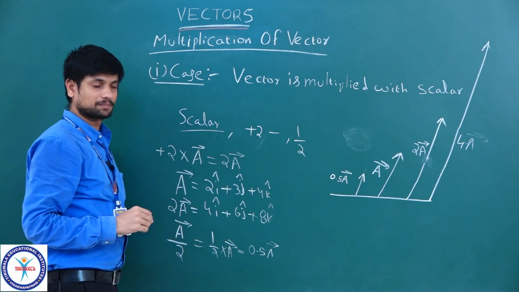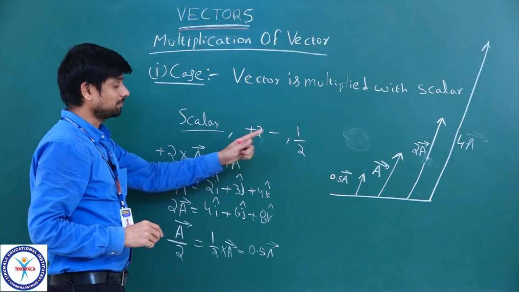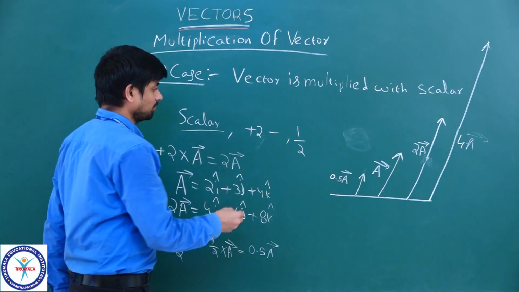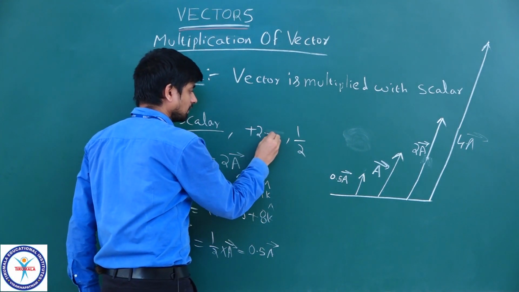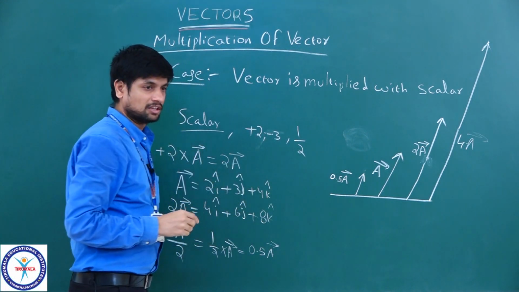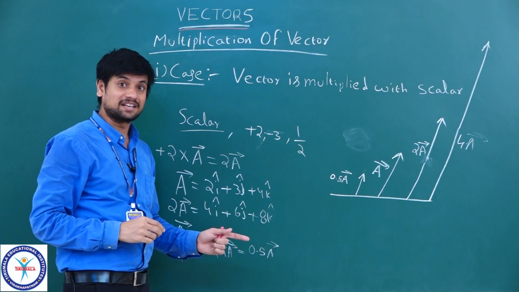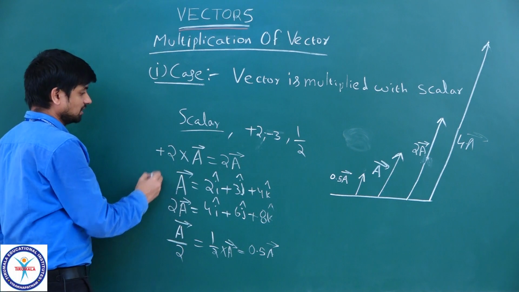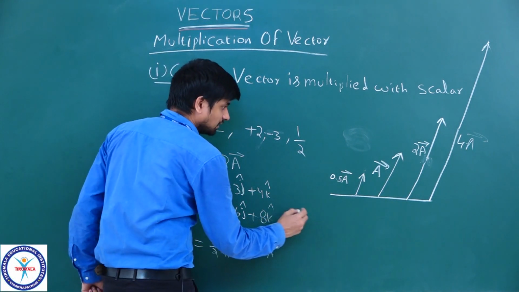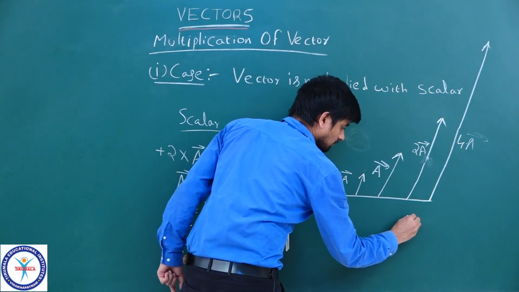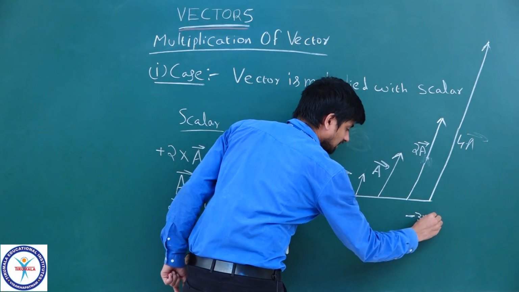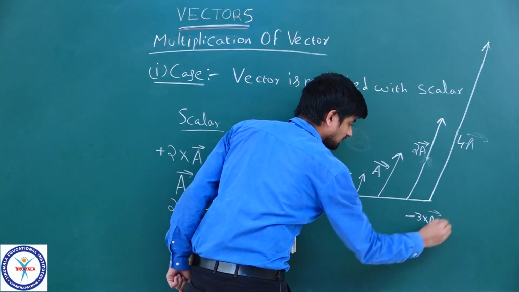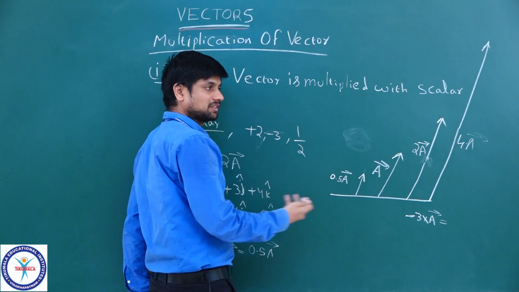Now the case with the minus. Minus means I am taking -3. So the magnitude should be increased 3 times. That is the meaning of 3. See here, -3 into a bar, right? The magnitude should be increased 3 times.